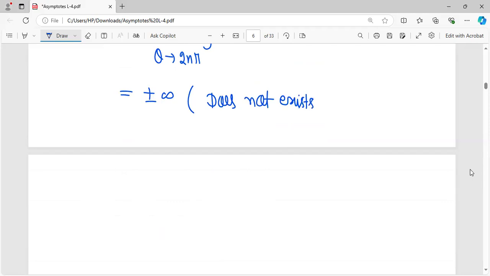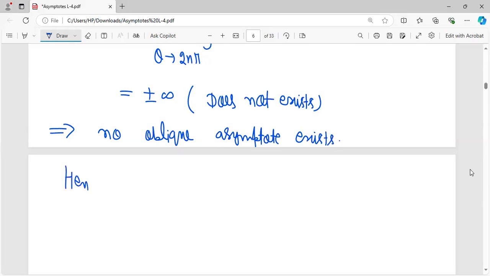So this implies no oblique asymptote exists. For the existence of an oblique asymptote, it is necessary that the limits of a and b should exist. So no oblique asymptote exists.